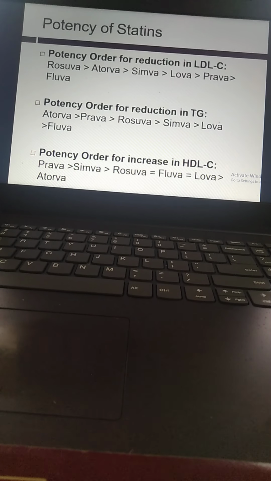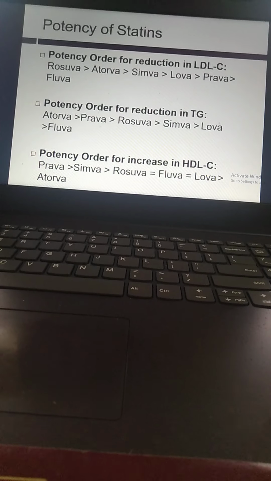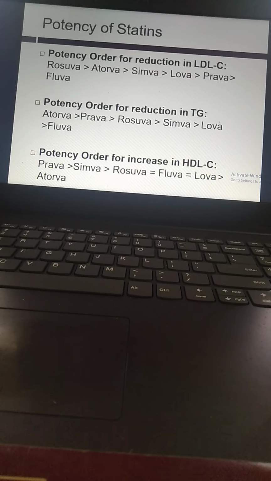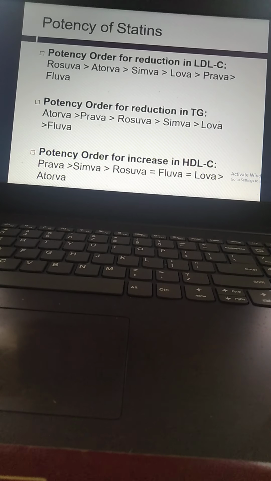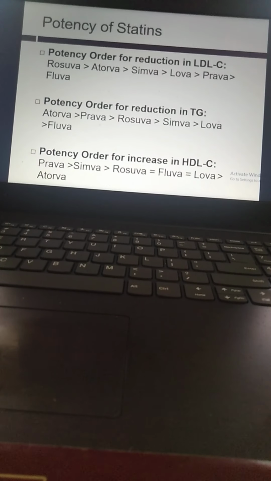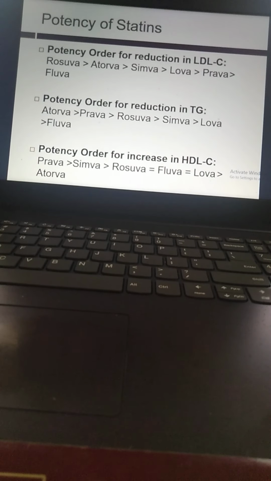And the potency order to increase HDL is pravastatin and simvastatin. So when you have to increase HDL, pravastatin and simvastatin are the drugs of choice. When TG has to be decreased, it is atorvastatin and pravastatin, with rosuvastatin third. But when it is LDL, rosuvastatin is the first drug. So these are the potency orders of these statins.